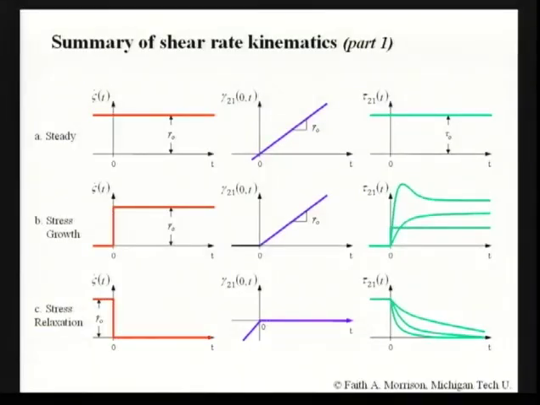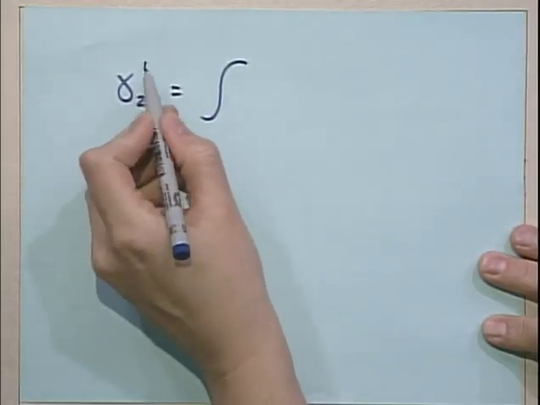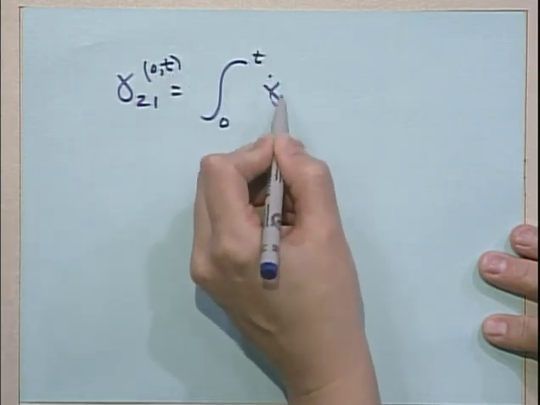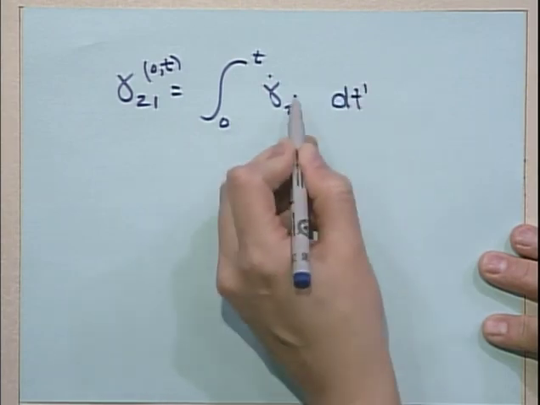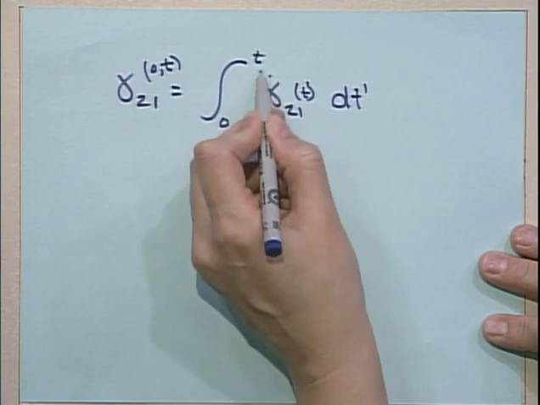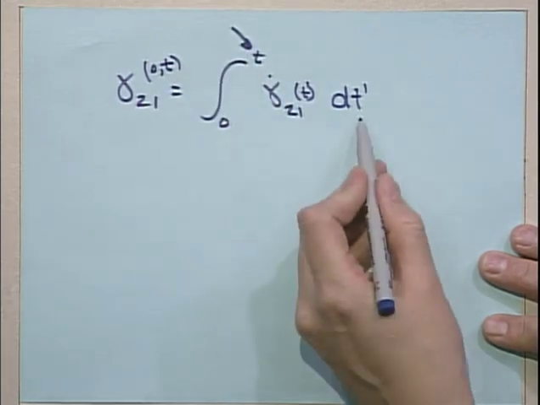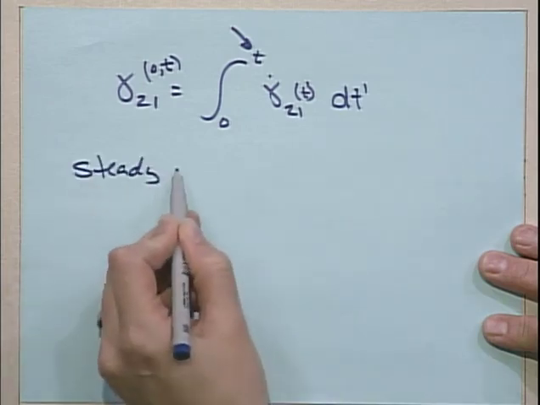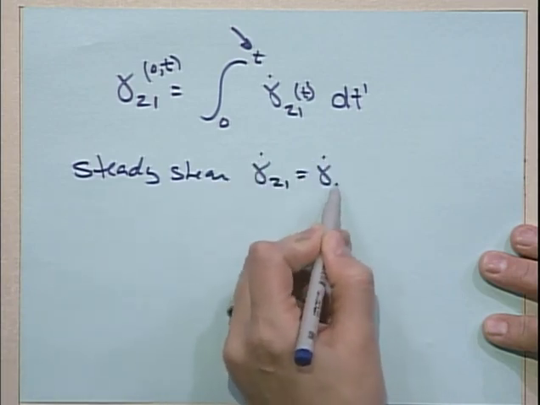And we defined that function, strain 2, 1, as the integral between 2 points, so let's say from 0 to t, of the strain rate function. And since we're integrating it, we use a dummy variable of integration because we don't want to get confused with the time that's in the limit. So t prime is our dummy variable of integration. And so for steady shear flow, this gamma dot 2, 1 is just the constant shear rate.